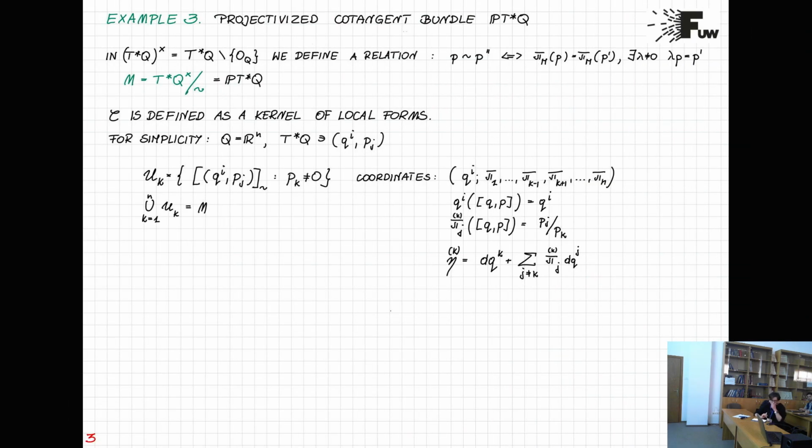And this time we will start from the very beginning with defining our distribution by defining local contact forms.